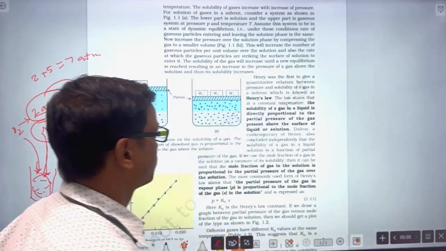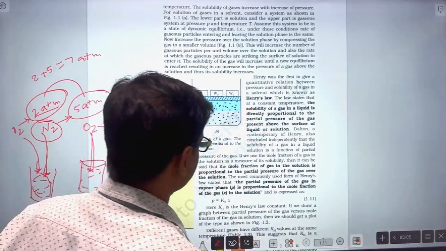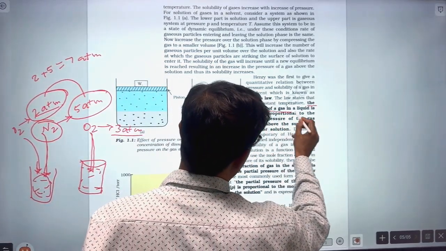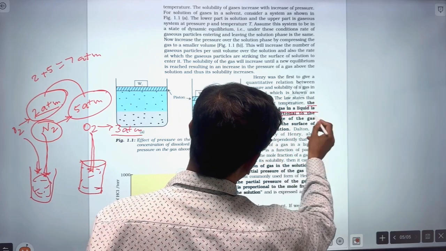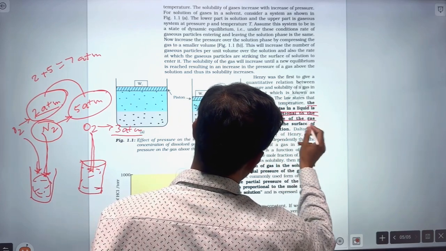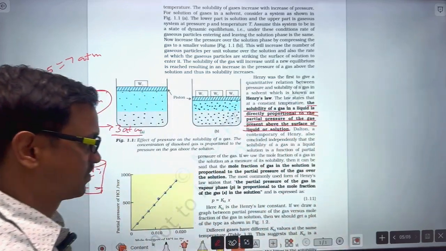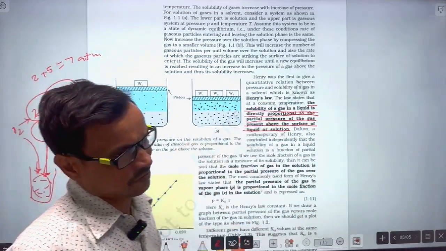In the NCERT books it is also written that the solubility of a gas in a liquid is directly proportional to the partial pressure of the gas present above the surface of the liquid or solution. That is Henry's law.